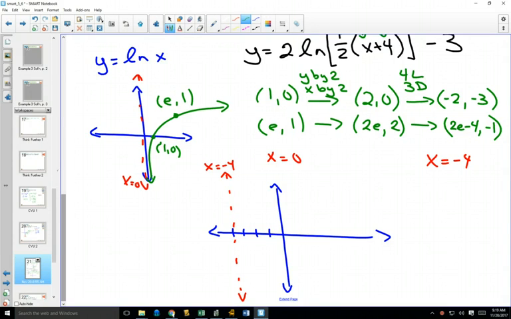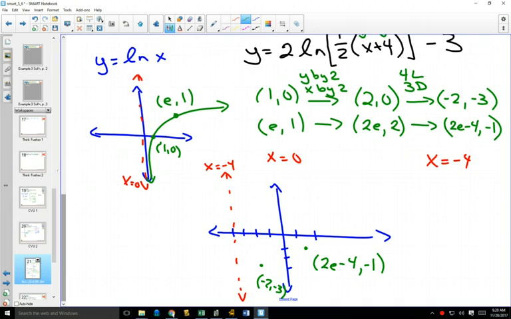So negative 2, negative 3 is the easy one to label. 2e minus 4, comma, negative 1. Well, e is 2.7. So if you were doubling 2.7, you would get 5.4, and 5.4 minus 4 is approximately 1.4. So I'm going to just estimate where 1.4 is and label 1.4, negative 1. I'll still label it exactly, 2e minus 4 comma negative 1.